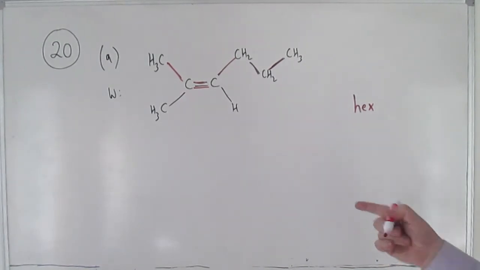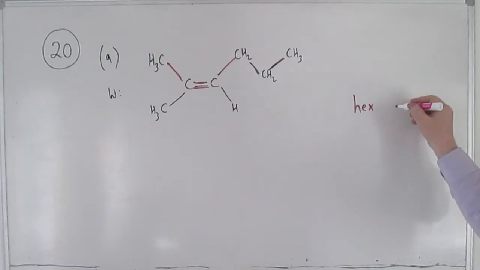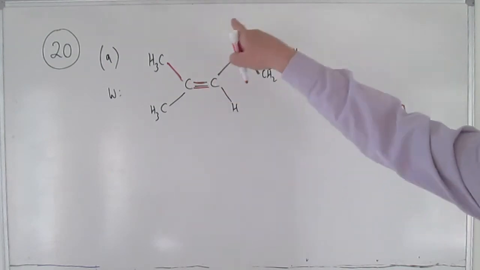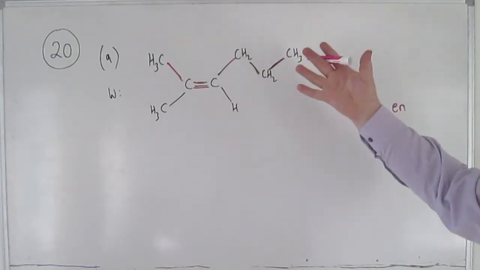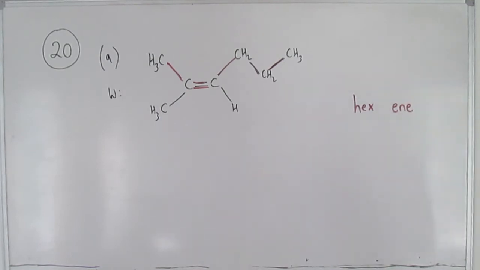And it's not going to be an because it's an alkene, it's unsaturated. So it's going to be ene, and I've left the gap because we need a number to specify where the double bond comes. And there's nothing else, there's no alcohol group or aldehyde or whatever, so the ending is just going to be ene, like that.